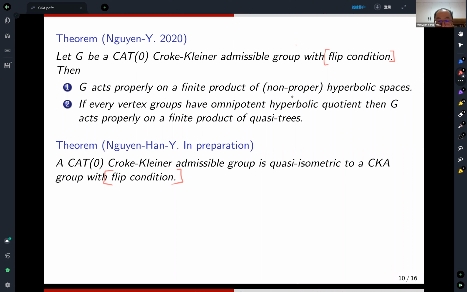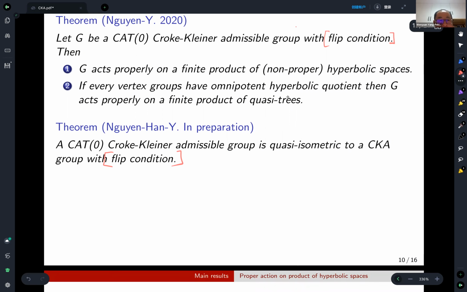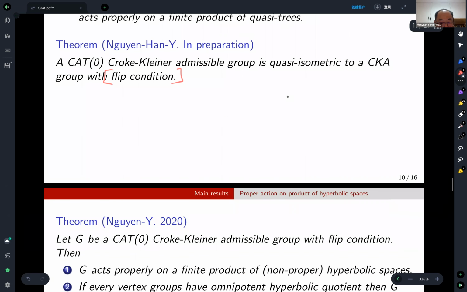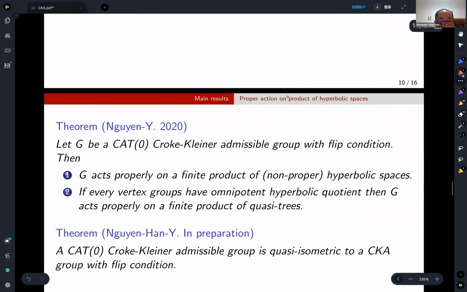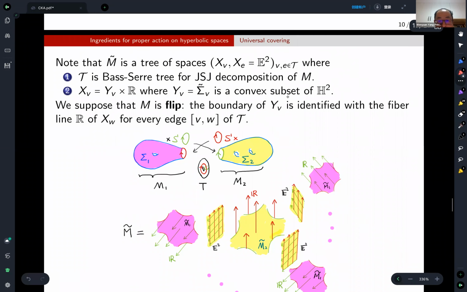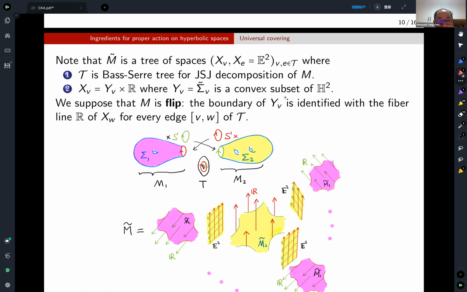Okay, if there are no questions, I want to give you some ideas and the ingredients of how these two results I mentioned are proved. Let's focus on the graph manifold groups, because we consider the coarse geometry of these groups. So let's look at the universal covering of these graph manifold groups.